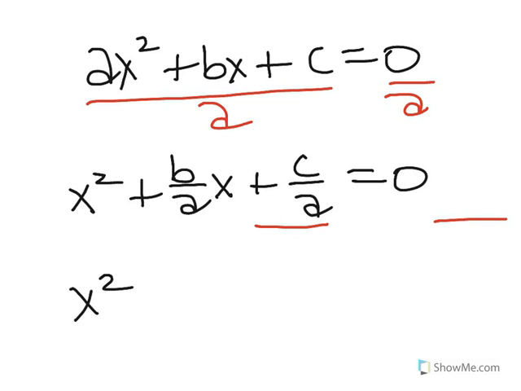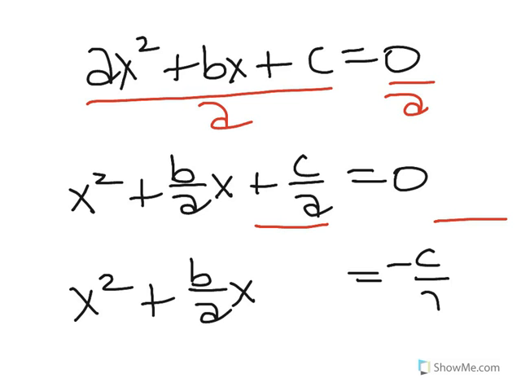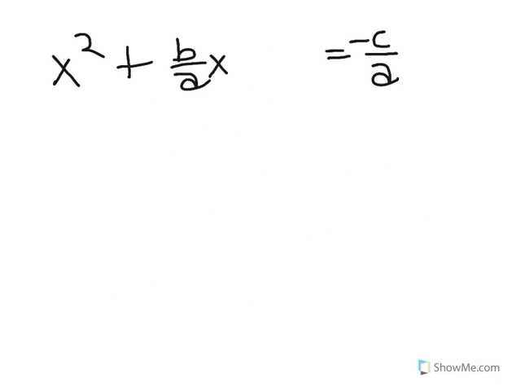So, at the end of our first frame, we're going to have x squared plus b over a x equals negative c over a. Now it's time to pick the number we're going to add to both sides to turn the left side of this equation into a perfect square. Now we're ready to complete the square.